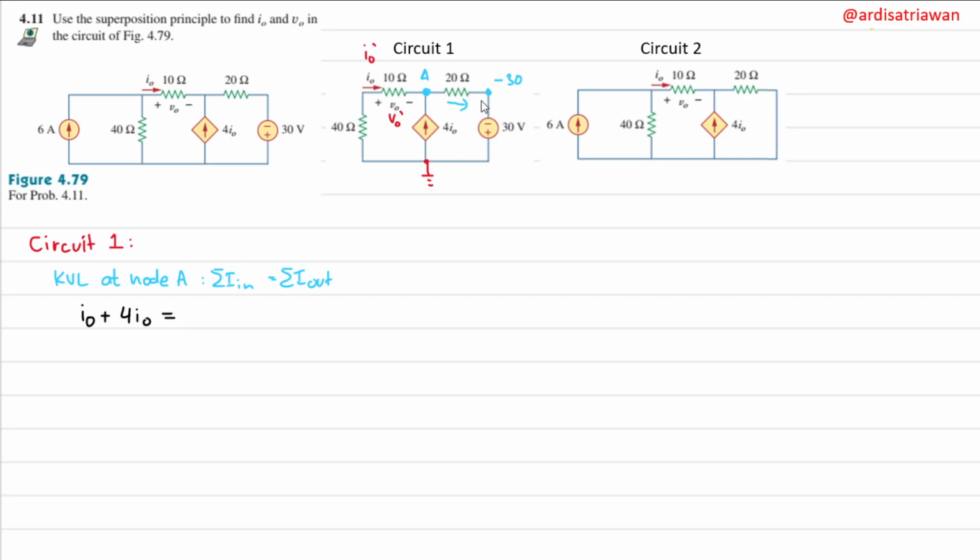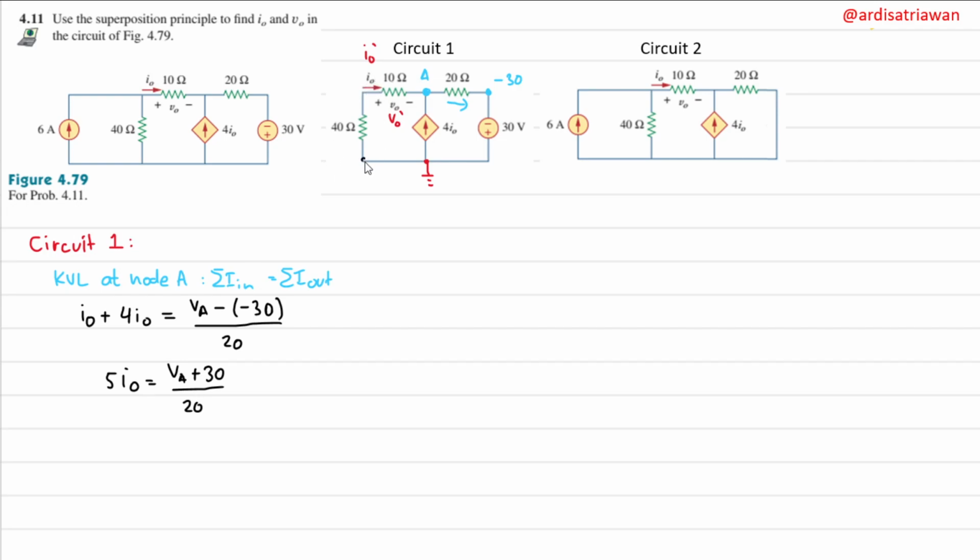There is only one current that goes out, which is this one, and that one is VA minus 30 divided by the resistance between, which is 20. Okay, now I will have 5I0 equal to VA plus 30 divided by 20. Now what we need to do is find out what I0 is.